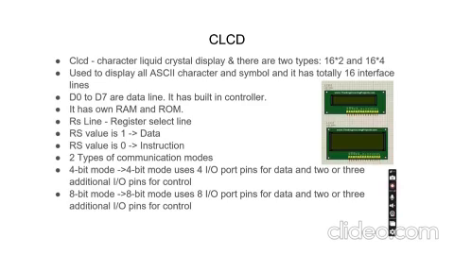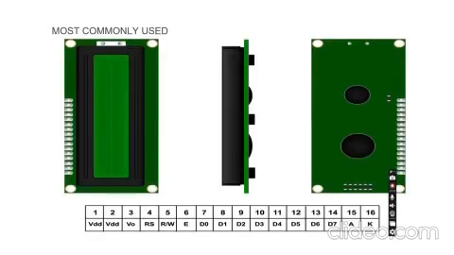When we talk about the pins, it has read-write pins, register select pin, V0 pin, D0 to D7, and also anode and cathode pins. These are connected to the microcontroller as we require. These are commonly used LCDs, photos of them, and these are the connections present in the CLCD.